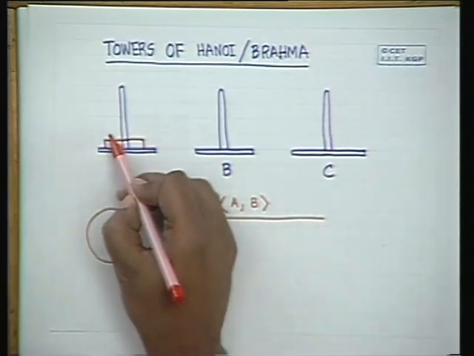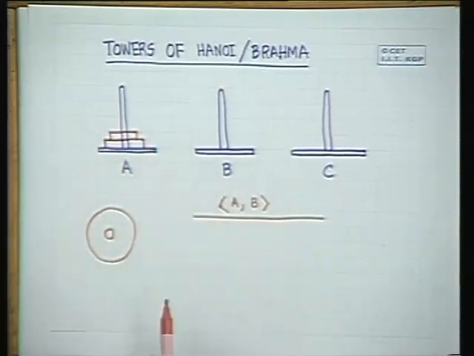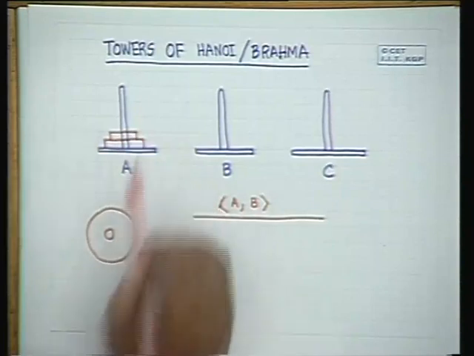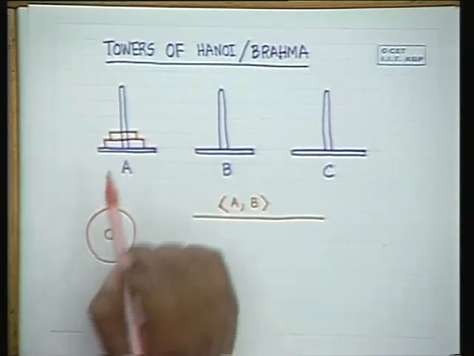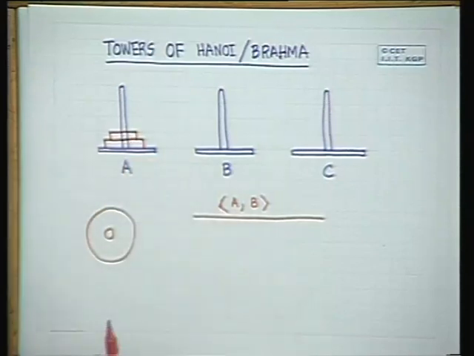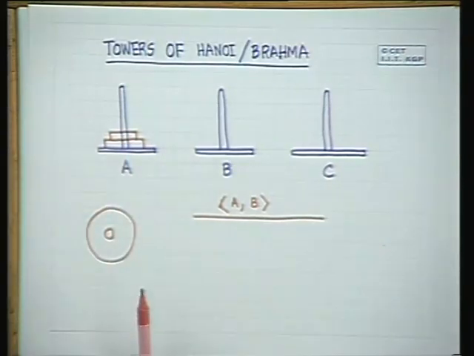But suppose I give you 2 discs with the additional condition that there are 2 discs of different sizes, and here there is a larger disc and there is a smaller disc. The smaller disc is placed on top of the larger disc.